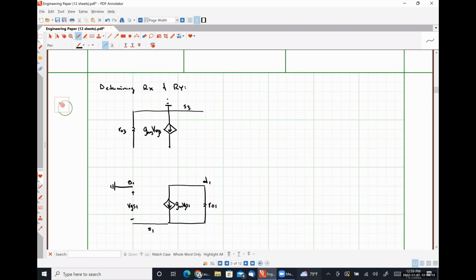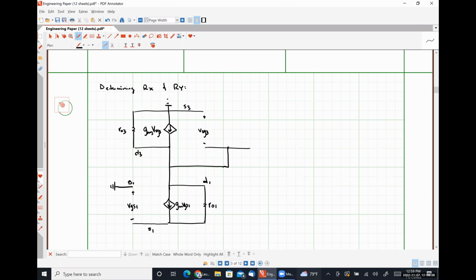This is my drain of 1. Here is my drain of 3, plus minus VSG3. My drains of M1 and M3 are tied together, and I know that my drain of 3 is tied to the gate of 3, like so.